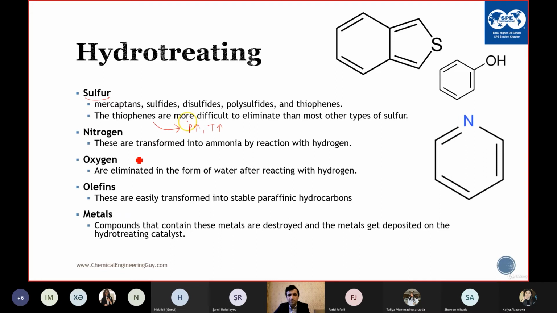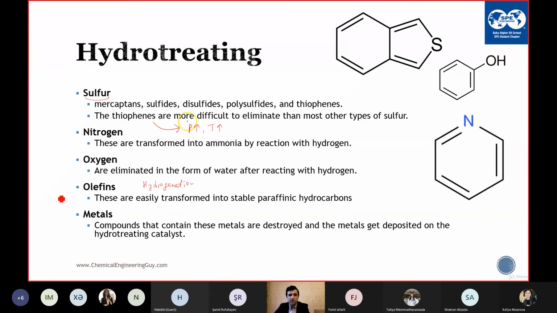And nitrogen, oxygen, and olefins are easily transformed into stable paraffinic hydrocarbons, because it's not only hydrotreating, but it is also hydrogenation. You add the hydrogen to the olefin, and of course, the olefins will be hydrogenated into paraffinic hydrocarbons.